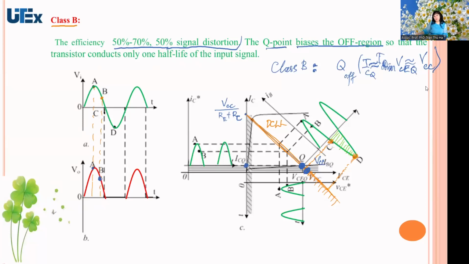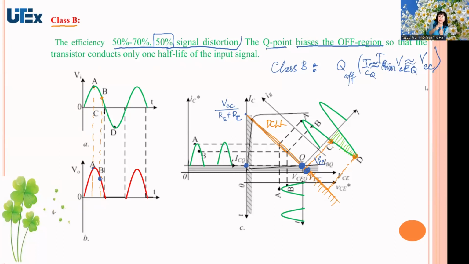It's good, but you have 50% distortion. Why not good? Because you lose information. Okay, and first, class A is the max swing Q point.